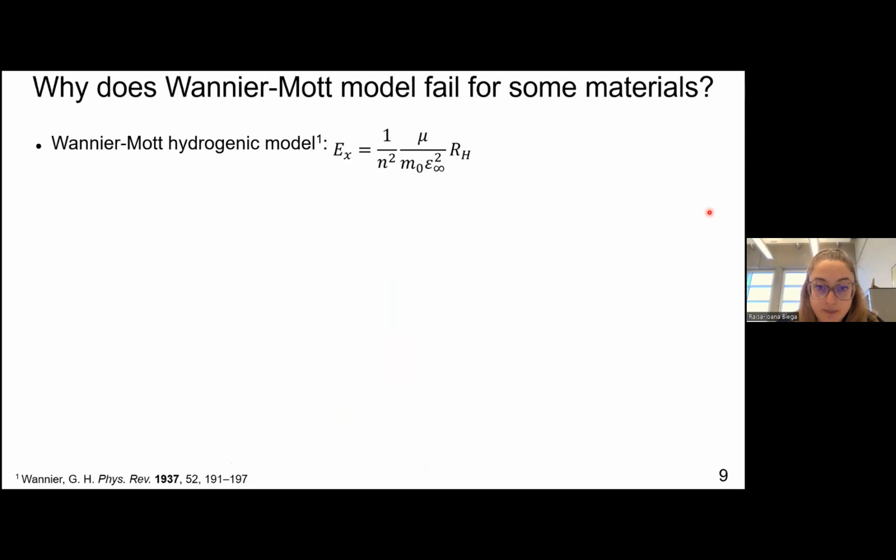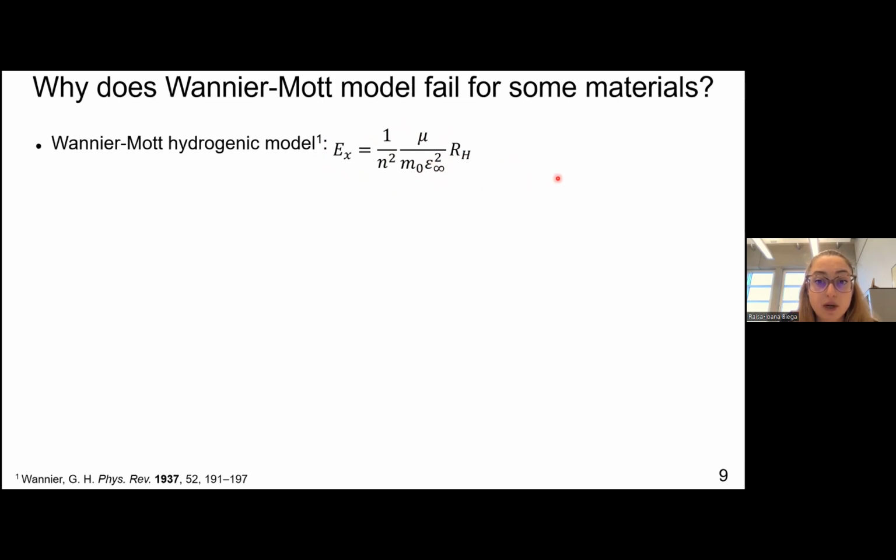And in order to see that, we have to look into the Wannier-Mott energy formula, and more specifically into the quantities that are variable here, and that's the reduced mass mu and the dielectric constant.